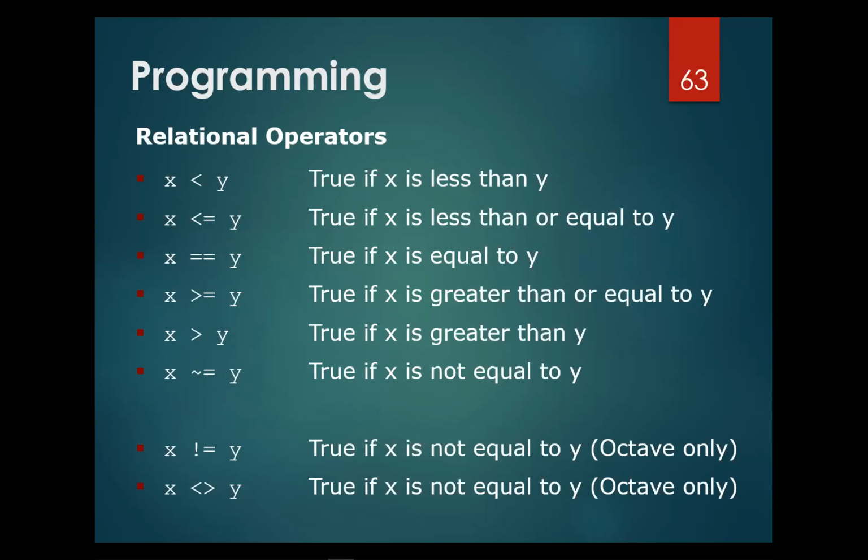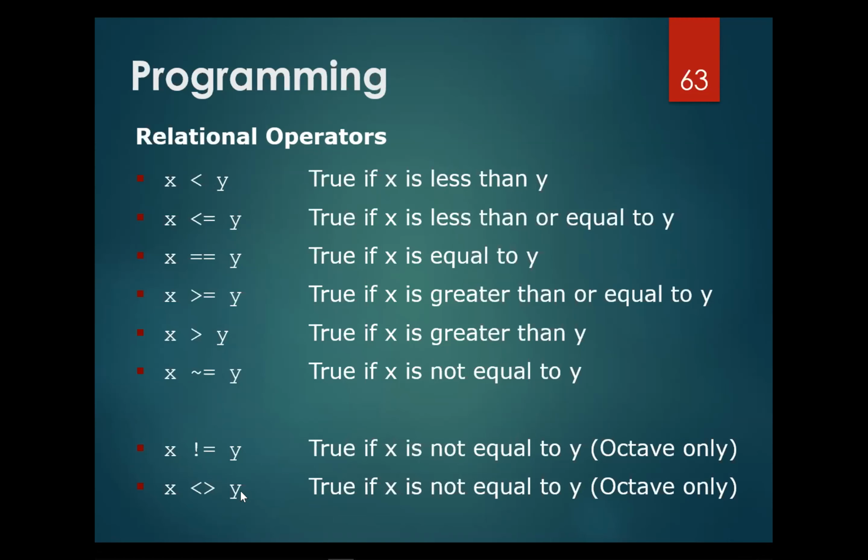At the same time, in C++ we use the exclamation equal to sign to mean not equal. Either you do this, which is acceptable by Octave and Matlab at the same time, or you can use this, which is acceptable by only Octave. Or you can also do this, acceptable by only Octave.